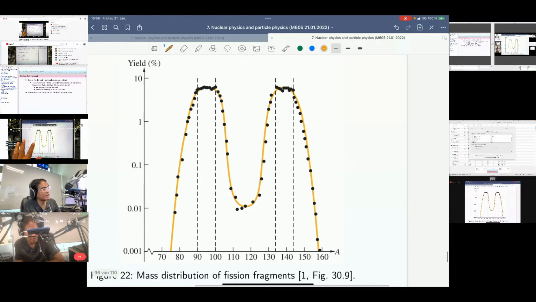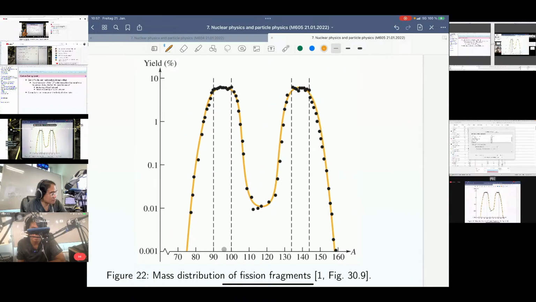Let's say this is X and here is Y. There is a high percentage of the nucleus getting a nucleon number for X like 95. There is a high percentage for the second particle that has a nucleon number like 138 or 137, in this region. In this region we have more percentage to get X and Y as the combination.